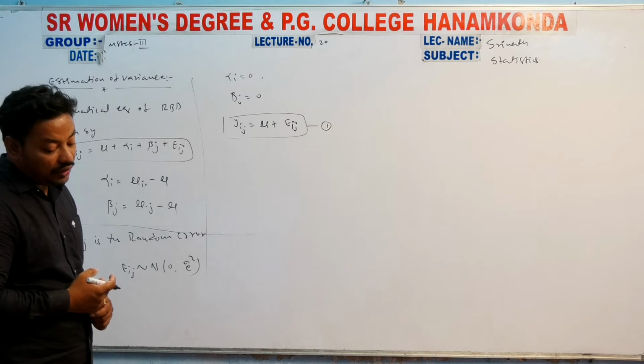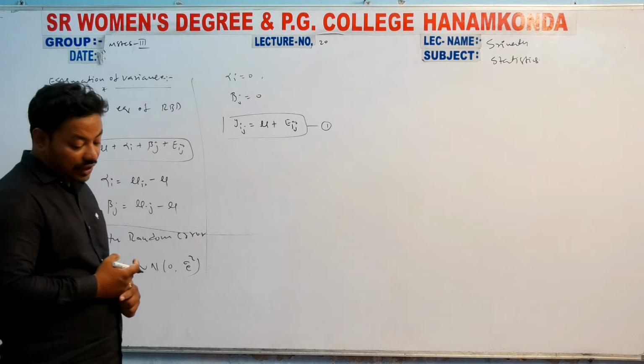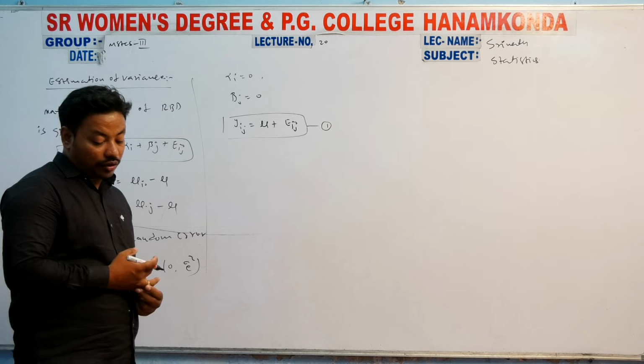Applying the summation over the j and dividing with the n on both sides.